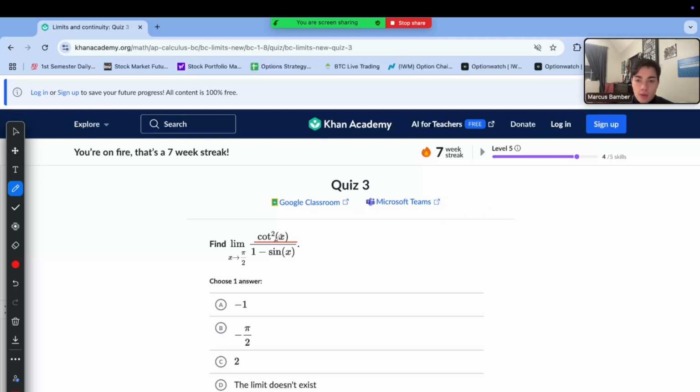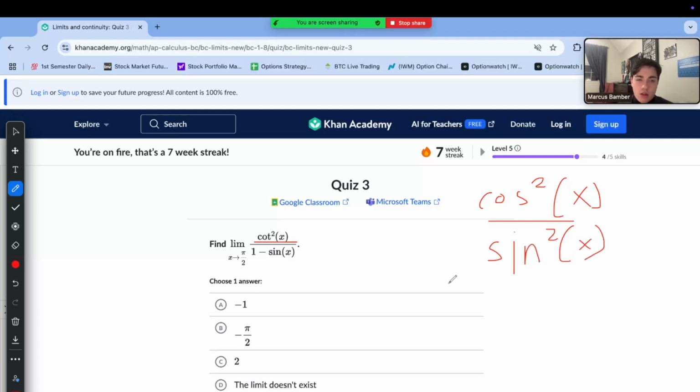As we should know, cotangent is equal to the adjacent over the opposite, or cosine over sine. So we can rewrite cotangent squared of x as cosine squared of x divided by sine squared of x.